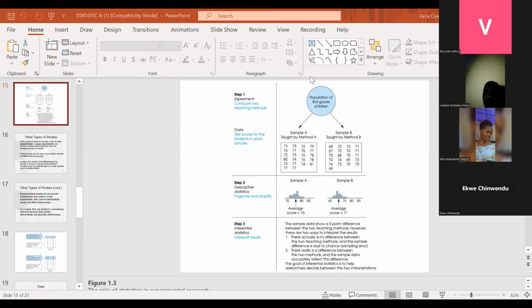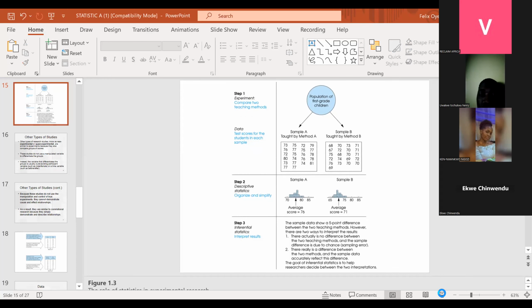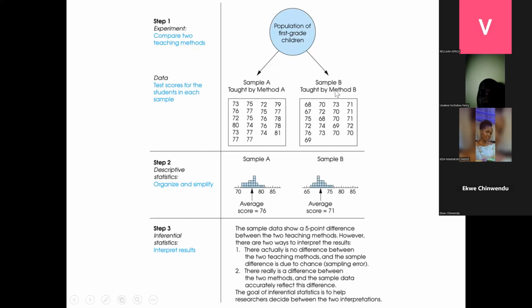PowerPoint presentation. Yes, you can see the PowerPoint presentation. Okay, so what can you see on the screen before I continue?